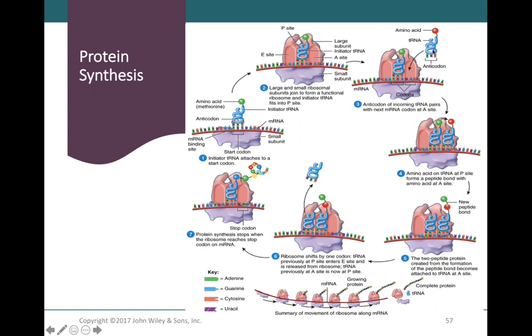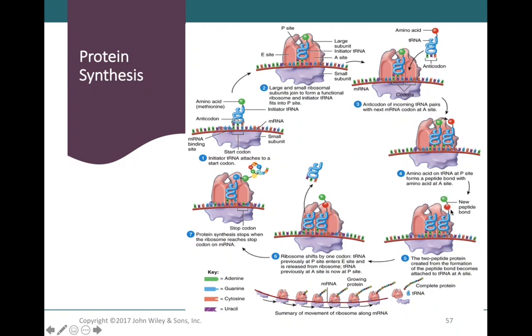Then a second transfer RNA molecule is going to come in and be closely associated with the first one. You can see that these are now next to each other, and they're also complementary base pairing with codon and anticodon. What eventually is going to happen is we're going to form a peptide bond. So these bonds are going to form, and that is what's going to form our protein.